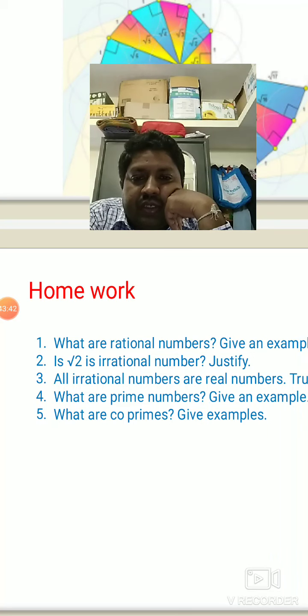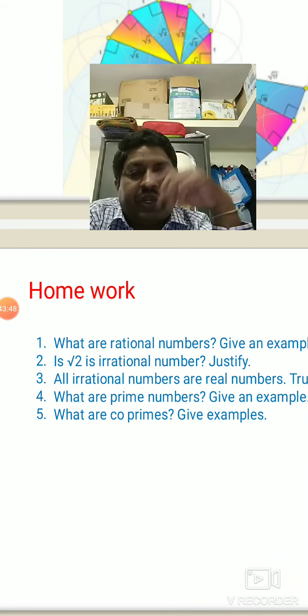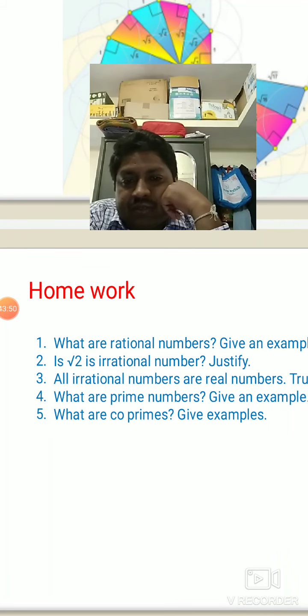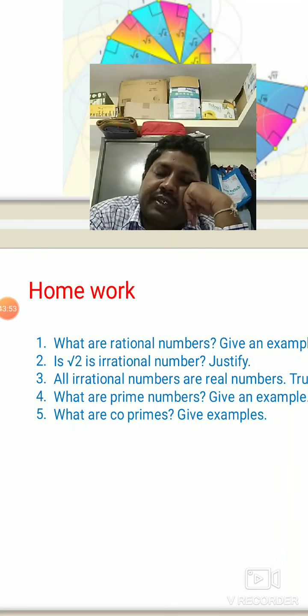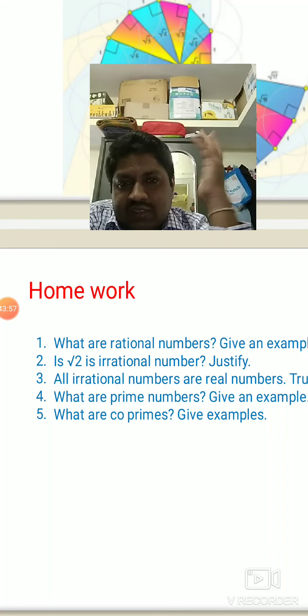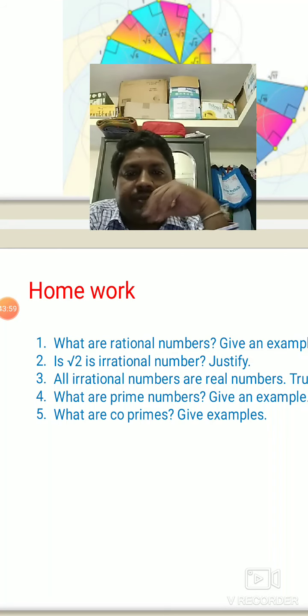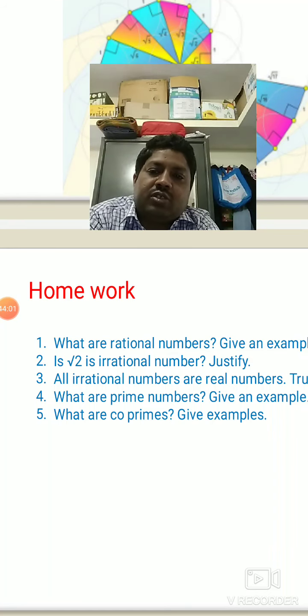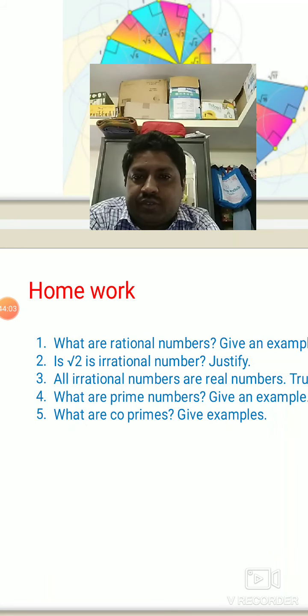Justify. All rational numbers are real numbers, true or false? What are prime numbers? Give an example. What are co-primes? Give examples. See, very easy questions, right? Homework, you already learnt it from this. Very easy questions. Okay, so this is the homework.